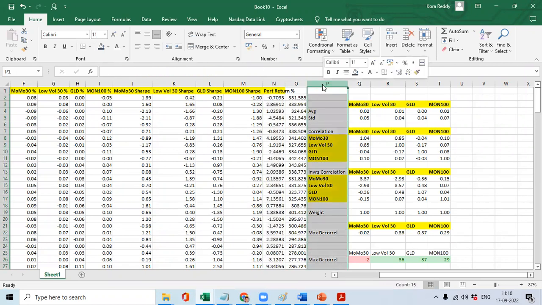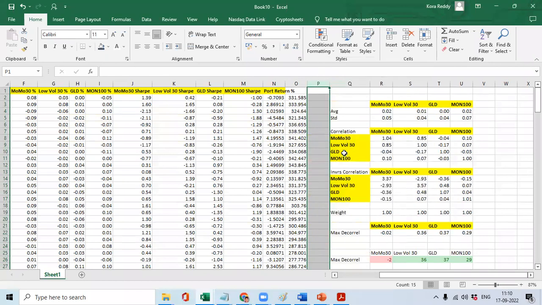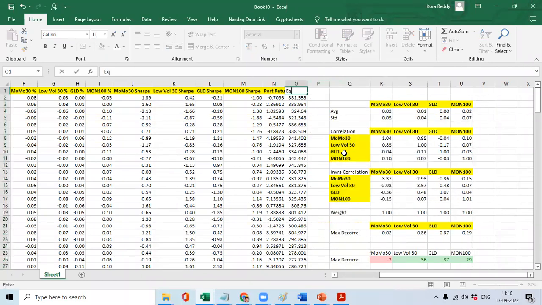What are the other characteristics of this?